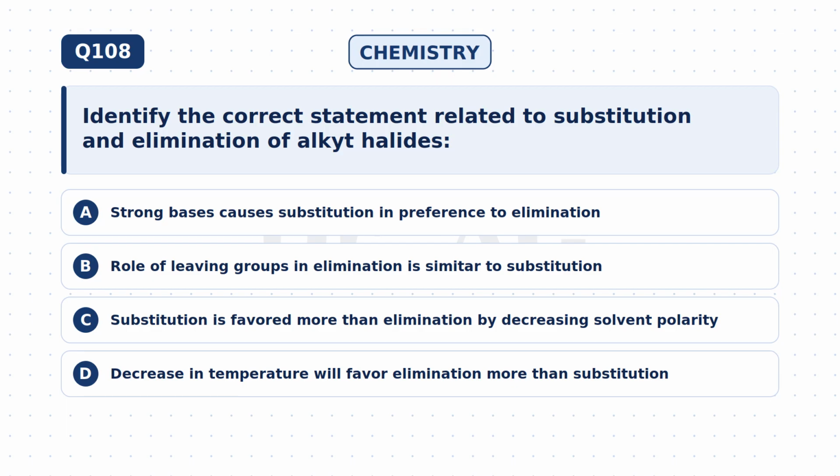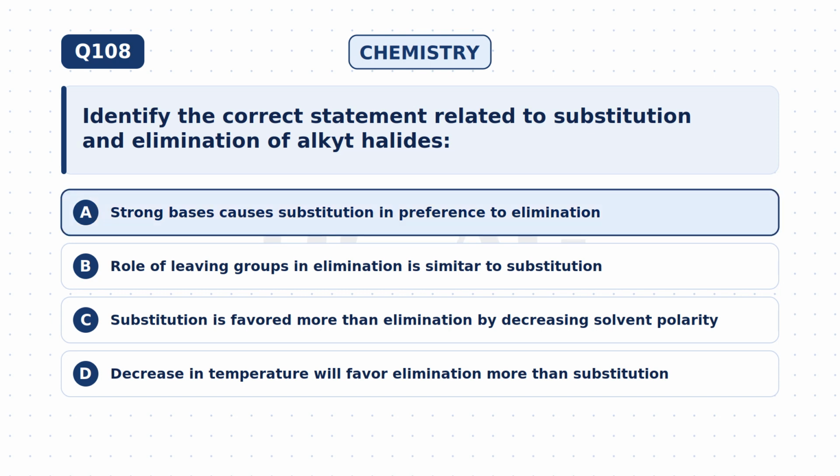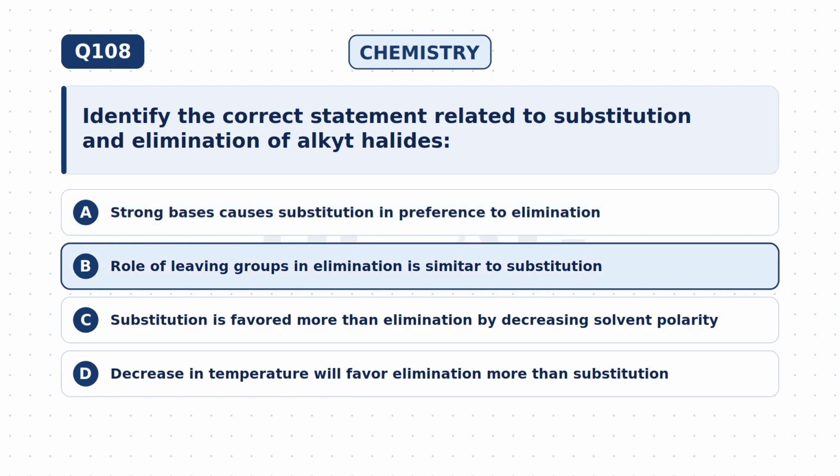Question 108. Identify the correct statement related to substitution and elimination of alkyl halides. Option A, strong base causes substitution in preference to elimination. Option B, role of leaving groups in elimination is similar to substitution.